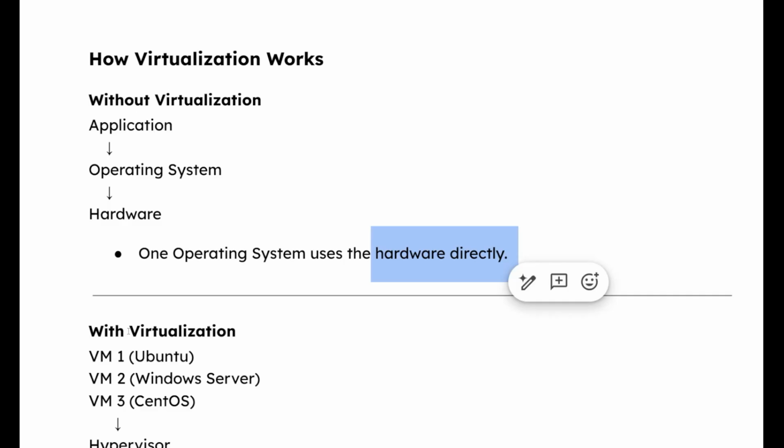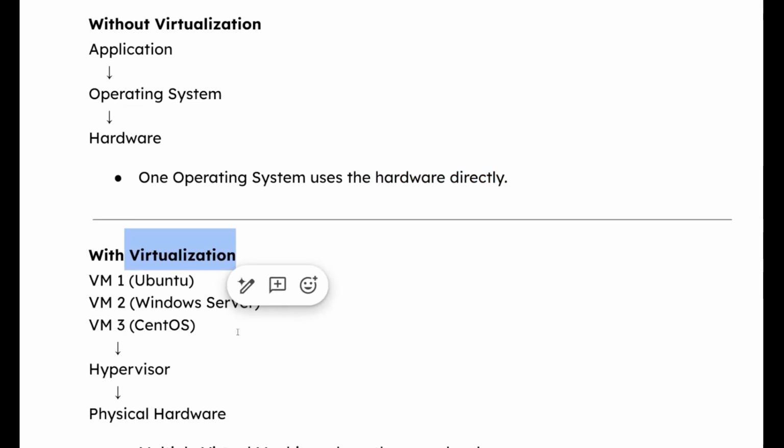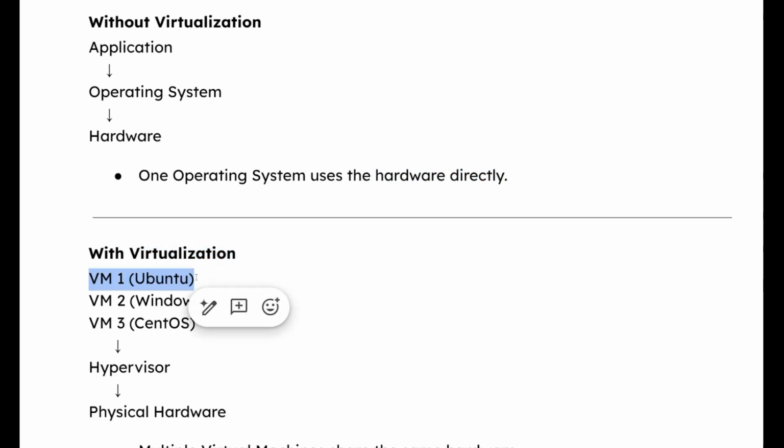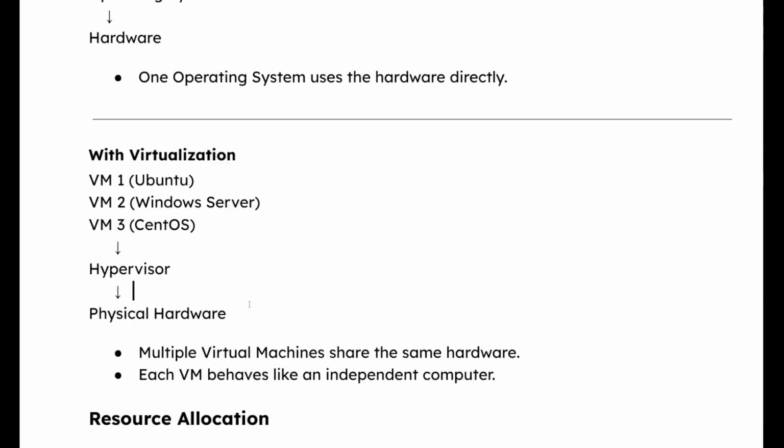But when you use virtualization, all the virtual machines, that is Ubuntu, the Windows that you are using, which is also a virtual machine, and CentOS, all these three virtual machines we have created with the help of virtualization are using the physical hardware. Your system's physical hardware is shared among them with the help of virtualization, right? And what software is providing these resources to them? That is your hypervisor.